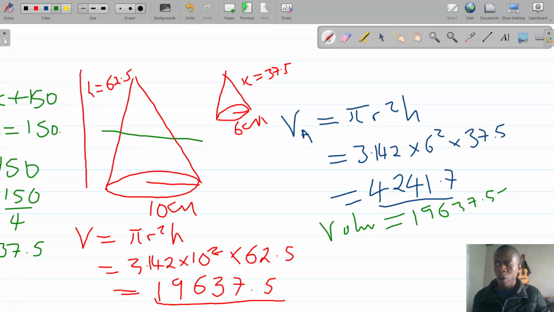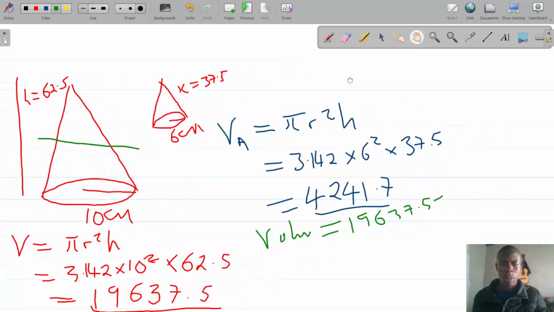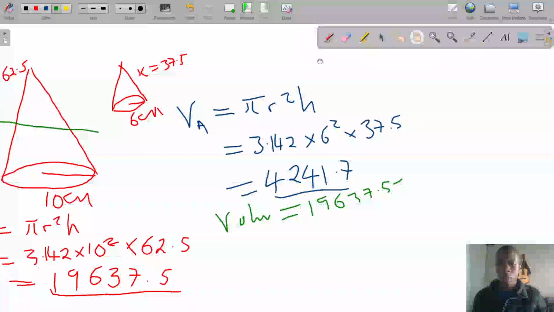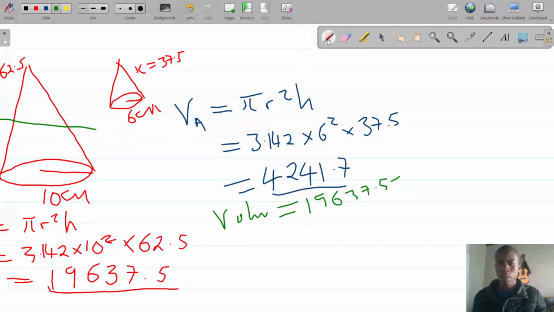minus this volume right here, the volume in blue. So the volume right here, so let me just drag that. Minus the volume here in blue, which is 4241.7.